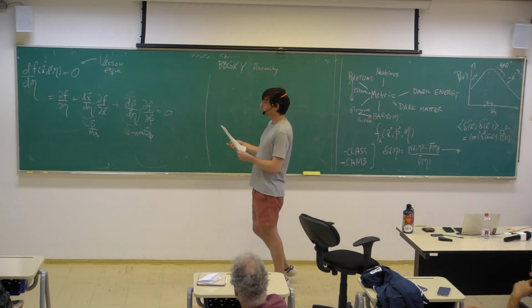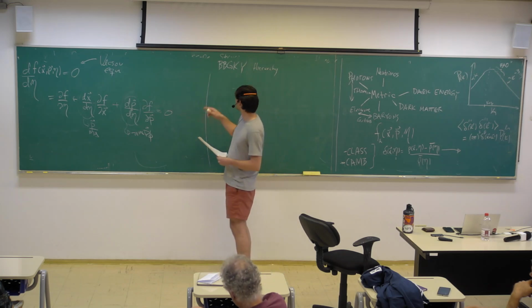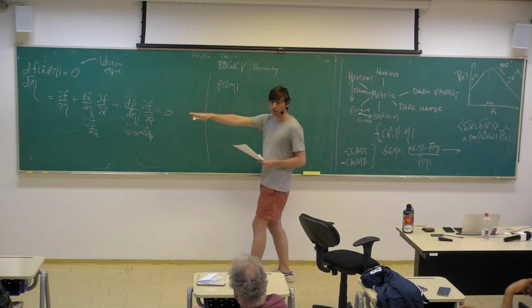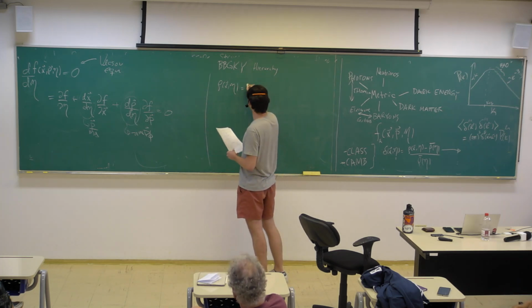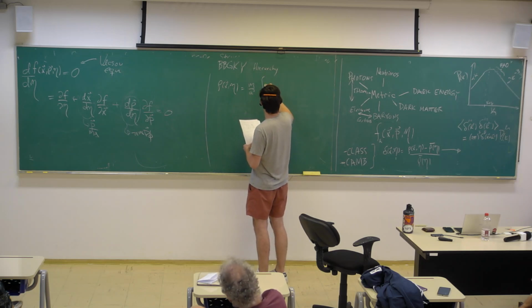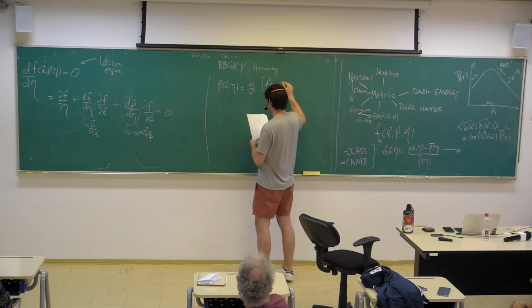So what we can do instead is define moments of this distribution, which will be something like the density, which is what I get when I integrate over all momentum. So this looks like this integral here.